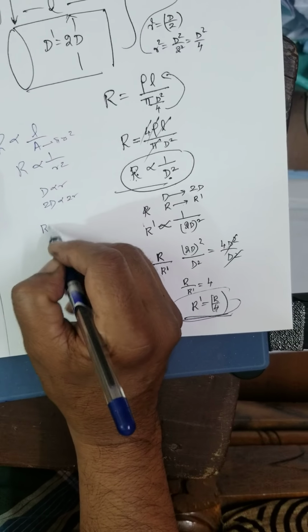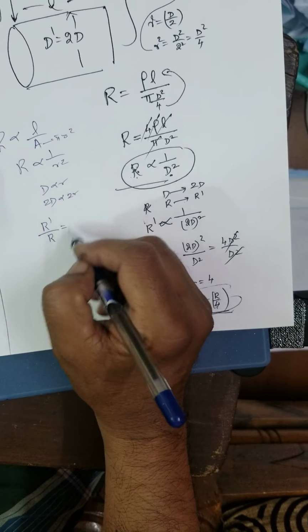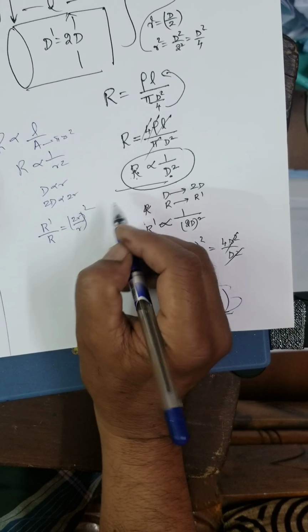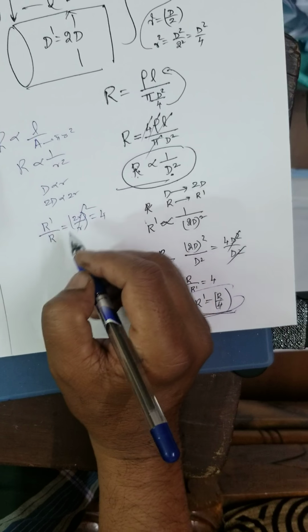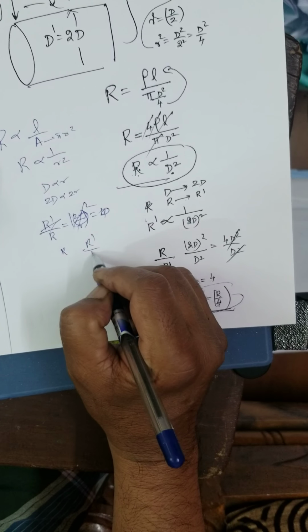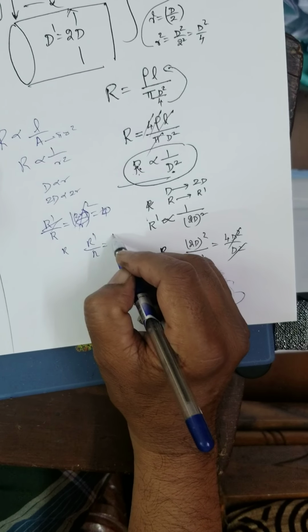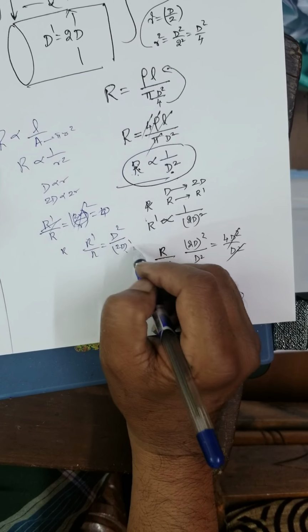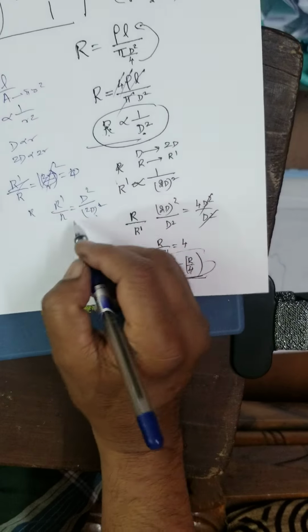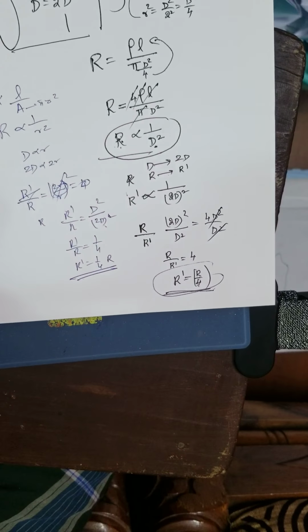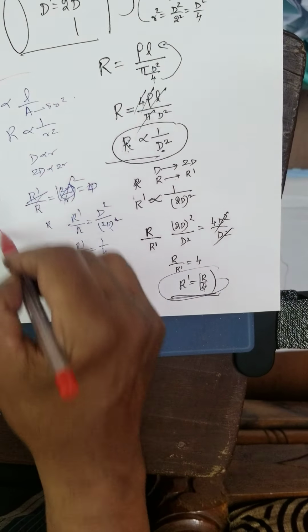Therefore, you can write R dash by R is equal to R by 2R whole square. Very fast you can calculate. R dash by R is equal to 1 by 4, or R dash is equal to 1/4 of R. See, this you have to calculate so fast.